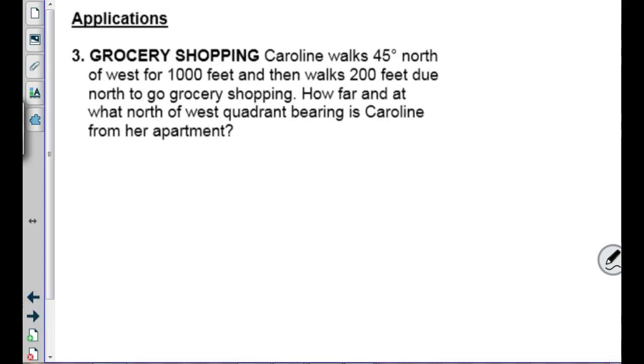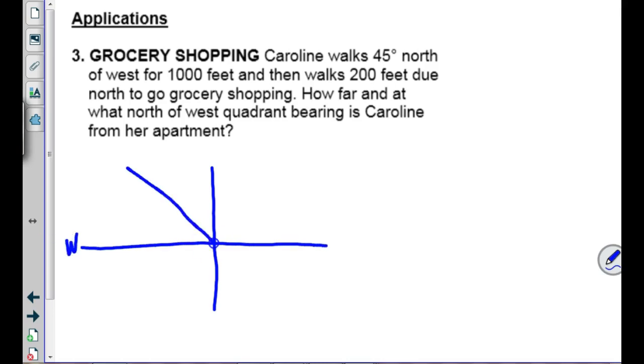It says Caroline walks 45 degrees north of west. Okay, again, they're telling us off of west, 45 degrees to the north. And she goes for 1,000 feet. And then she walks 200 feet due north. I'm just going to continue off the end of this.